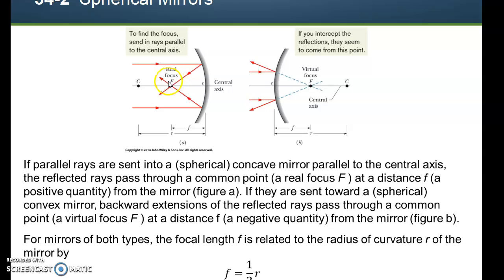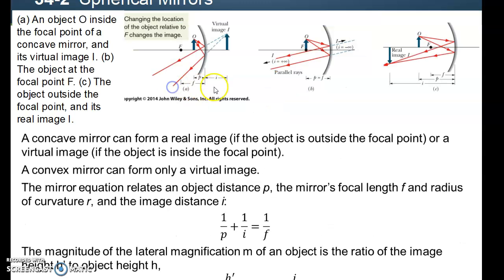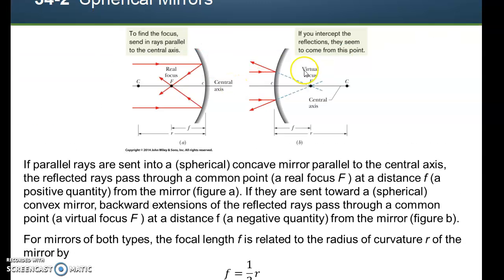This is called the focal point. Now, when you have something that is convex, it is going to be reflected out this way, but you have a virtual focus behind where this particular ray occurs.